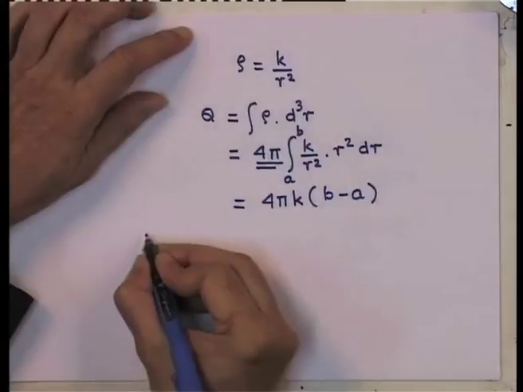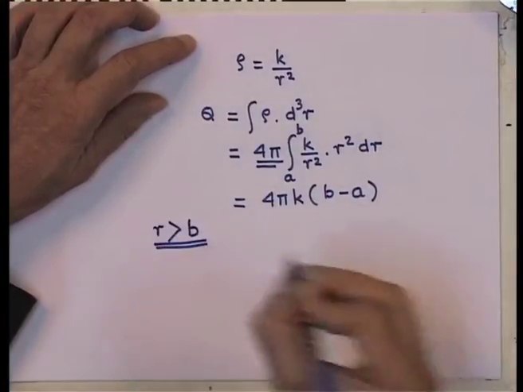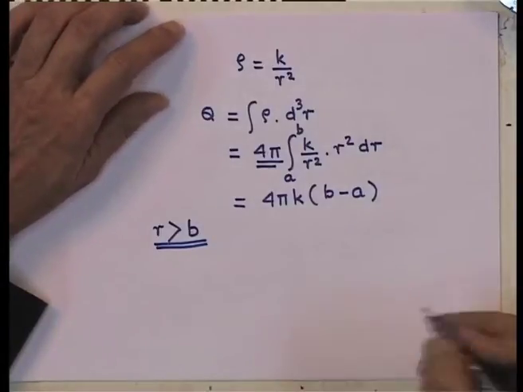So, if I am looking at radius r greater than b, the directions are all radial.